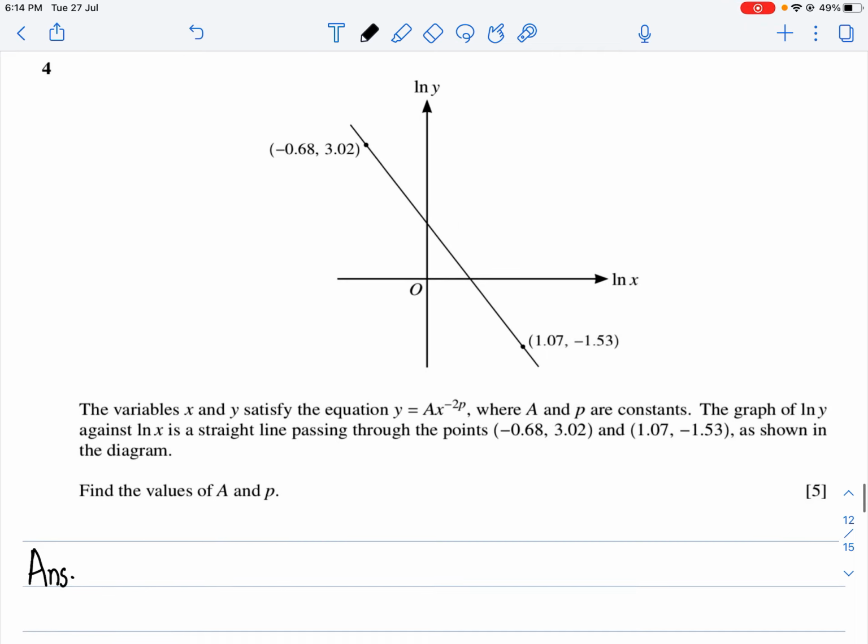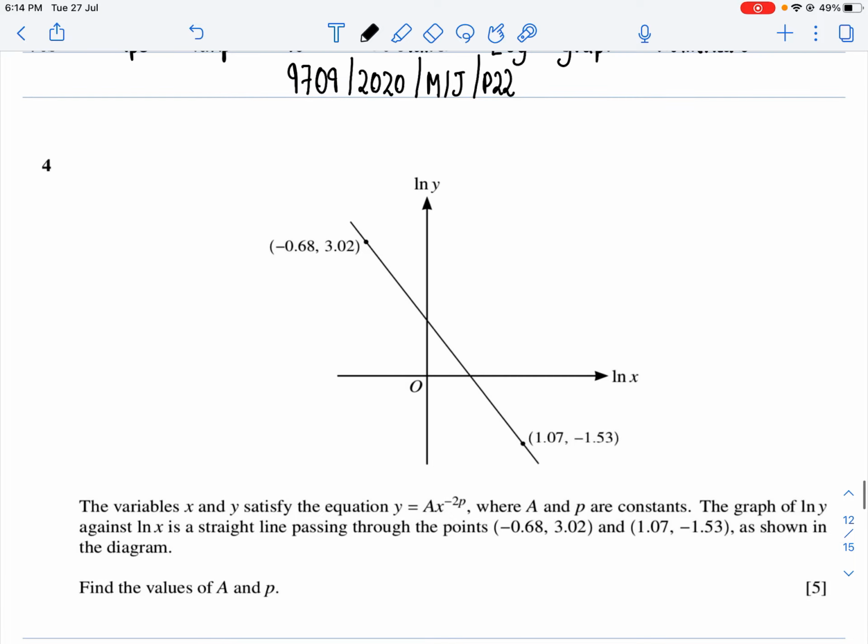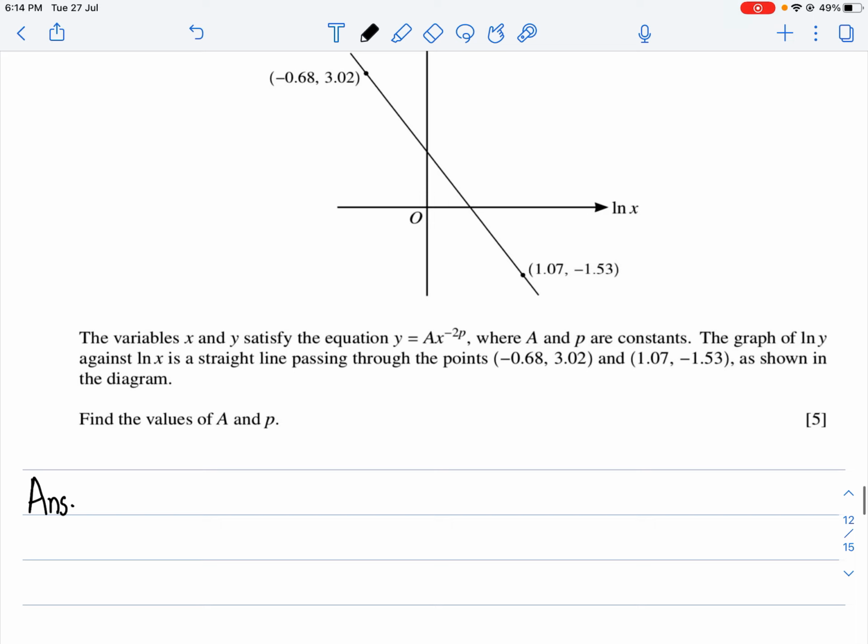Let's say this is from the 2020 May June paper 22, the fourth question. Here I have the variables x and y, which satisfy the equation y equals a into x raised to minus 2p, where a and p are constants.